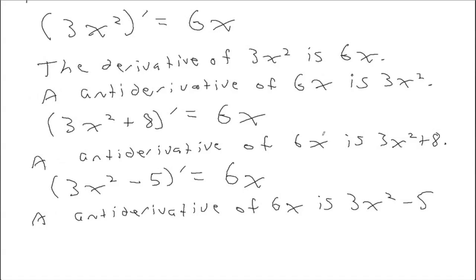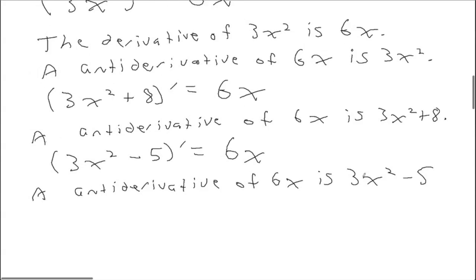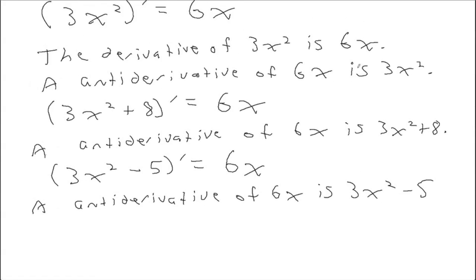Another antiderivative of 6x is 3x squared plus 8. And another antiderivative of 6x is 3x squared minus 5. So you could call each of these particular antiderivatives. One particular antiderivative of 6x is 3x squared. Another particular antiderivative of 6x is 3x squared plus 8. Another particular antiderivative of 6x is 3x squared minus 5.